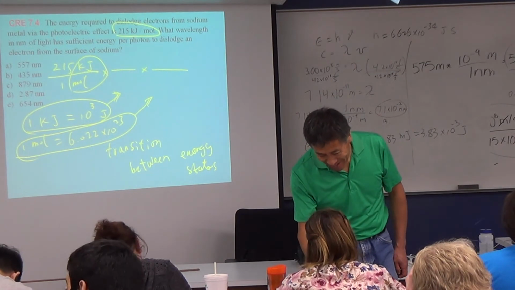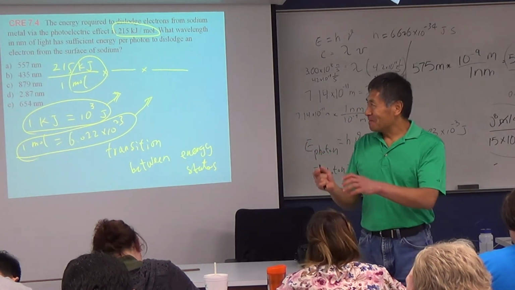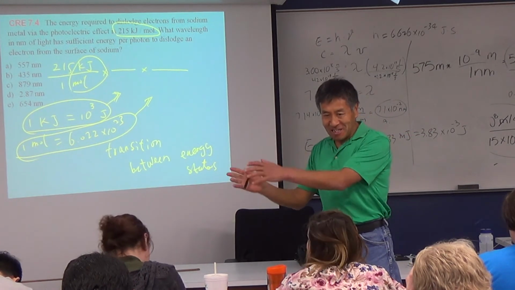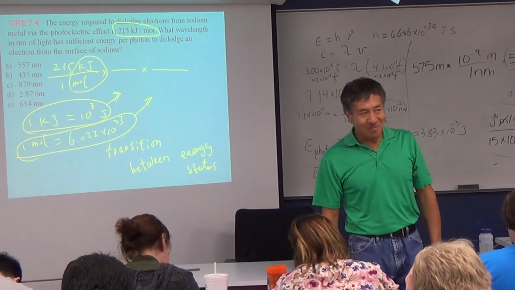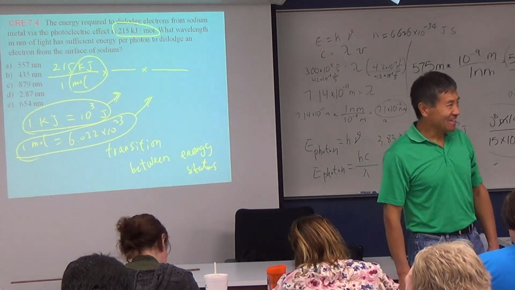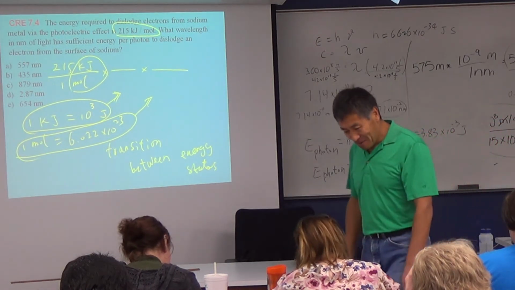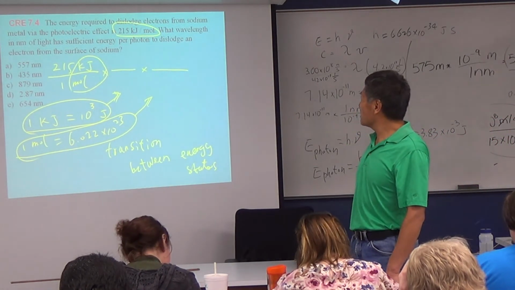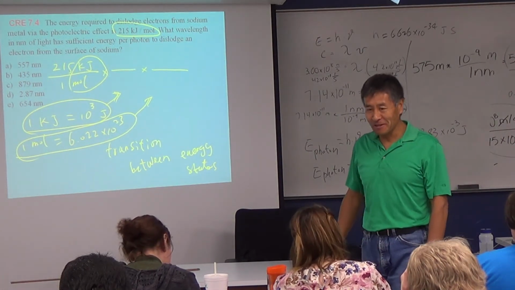This 5.9878 times 10 to the negative 25 is the product of h times c. You can multiply h times c many times. Keep usually about 98 for the significant figures.